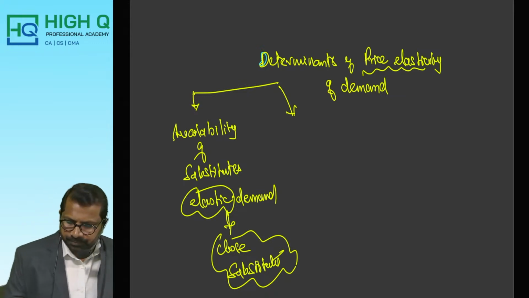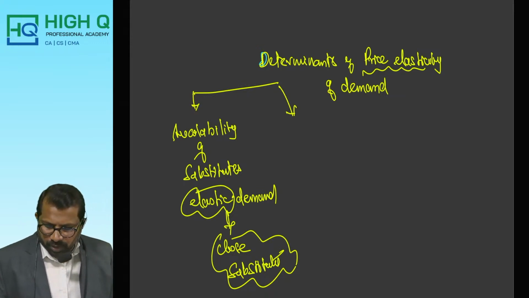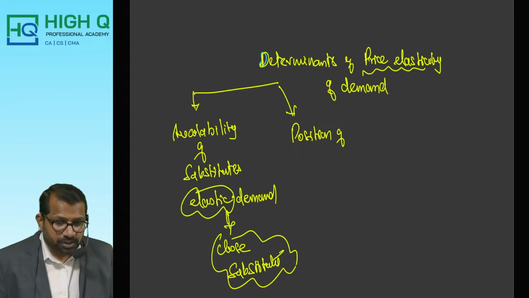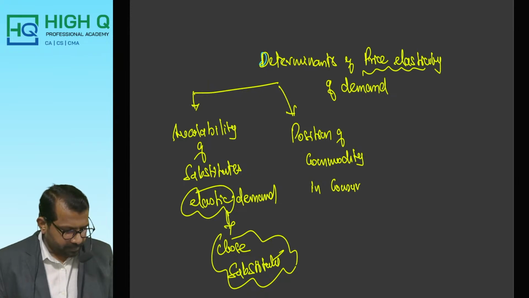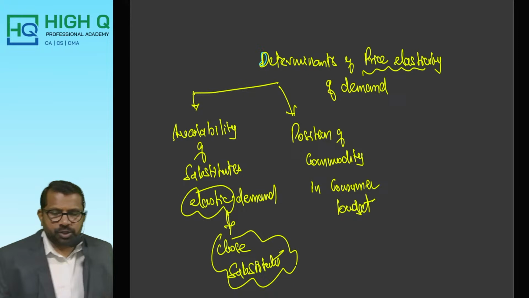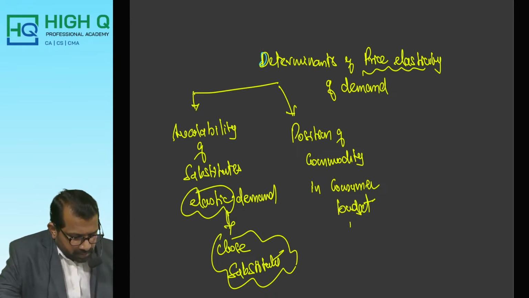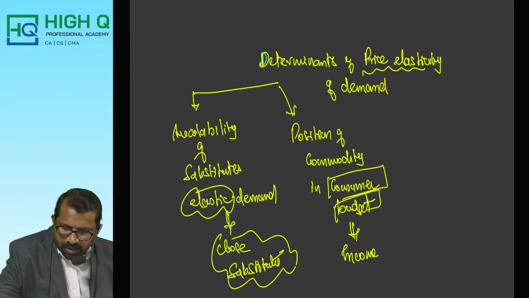Point number 2, the position of the commodity in the consumer budget, which represents income.